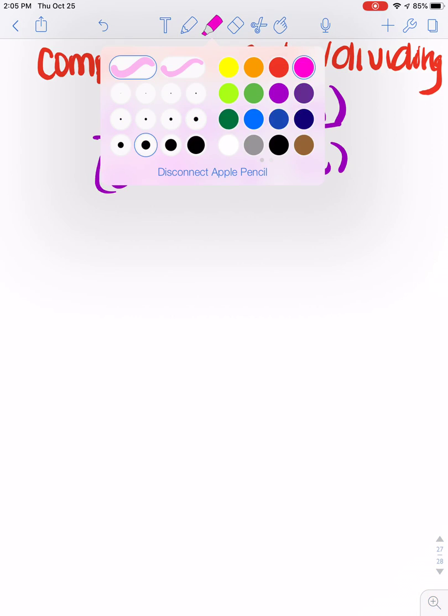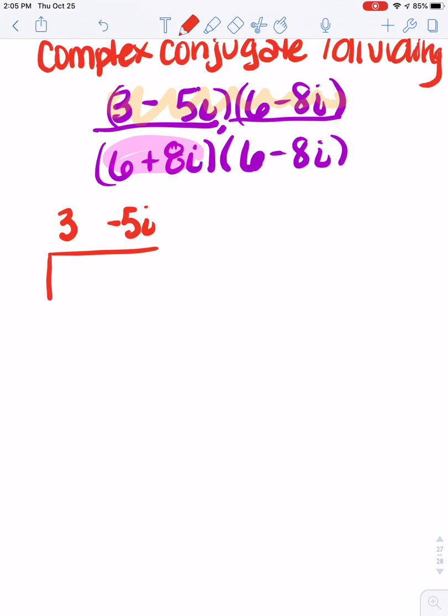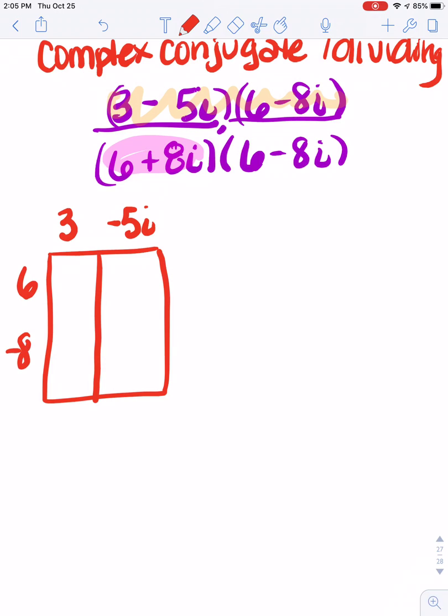So if I go through, let's multiply these two first using the box method. So 3 and -5i. And 6 minus 8i.